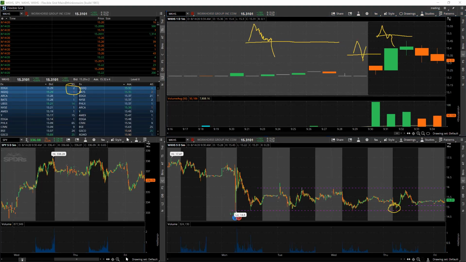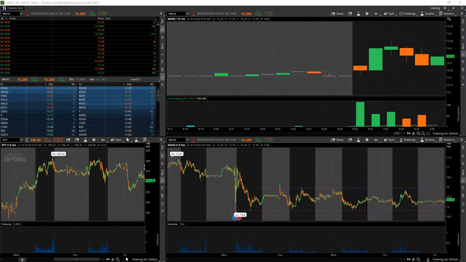So let's watch this one more time. There's definitely aggressive sellers pushing this down just based on how the price pops. It's pushing 1521. You get those huge orders. You get 39, then it pops.